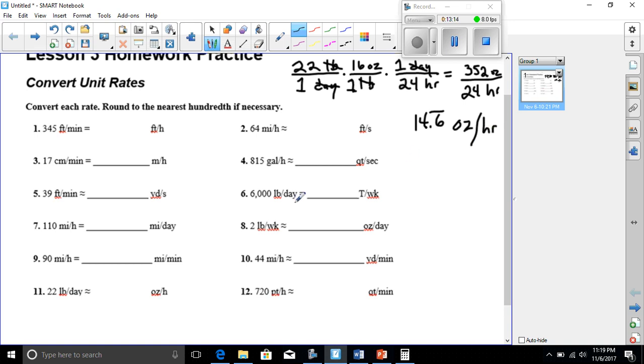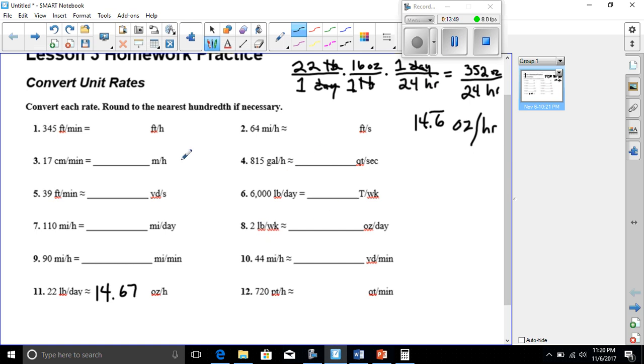Well, we're going to round off to the nearest hundredth, it said. So I would have to go with 14.67, because I'm rounding up, right? Ounces an hour.